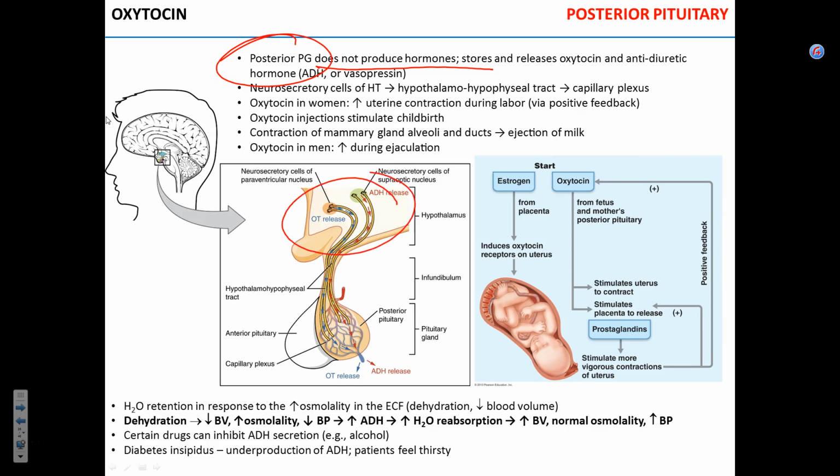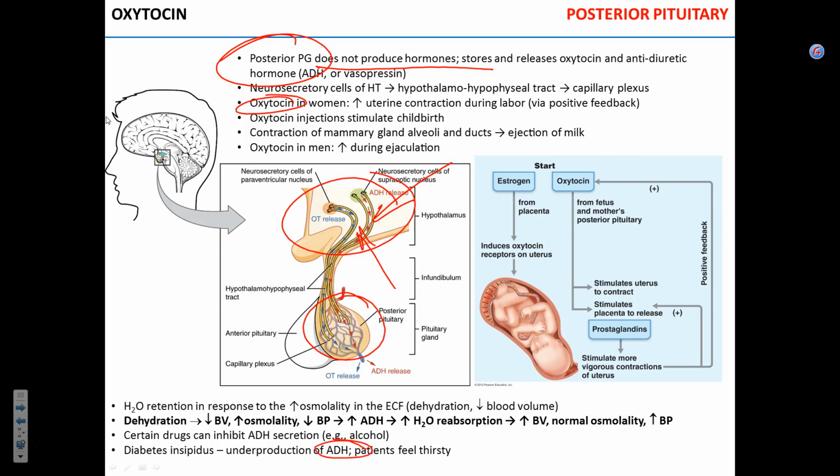So this is the hypothalamus, and those cells that are shown here are essentially neurons. Those neurons extend their axons all the way into the posterior pituitary. So far, you with me? Axons essentially release two hormones, oxytocin and antidiuretic hormone.